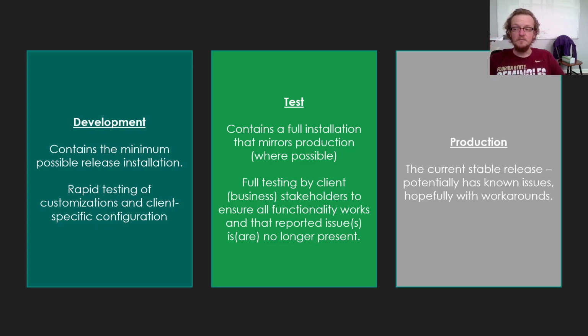Then, in production, you have the currently stable release, and even though there are some issues in that release, hopefully you have fairly easy workarounds for each of those issues, and everybody has a well understood way of doing their job, and everybody's kind of happy with it.